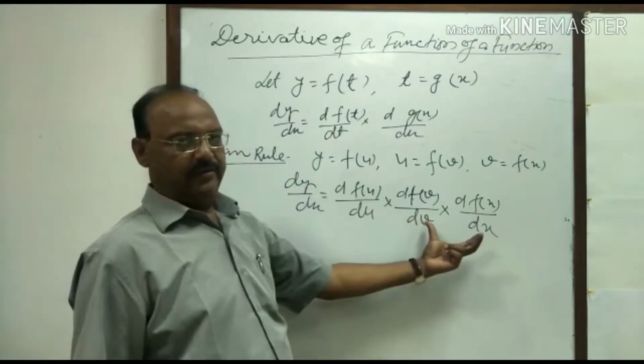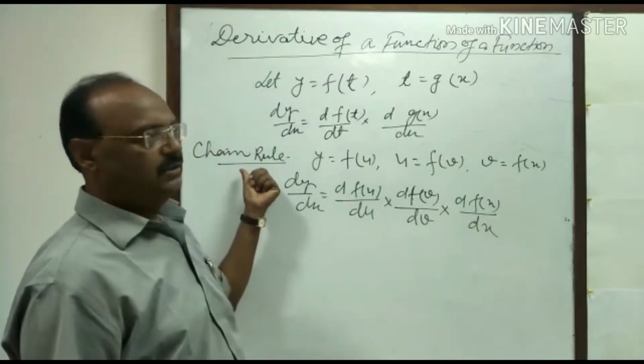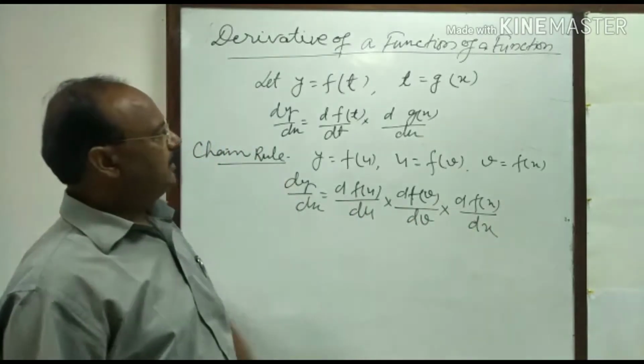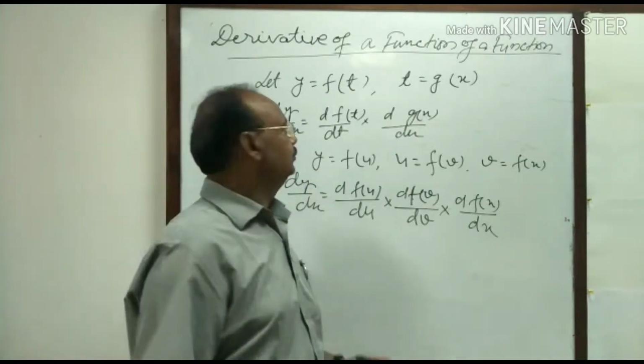This makes a chain of products. That's why this is known as chain rule. So let us make it more clear with the help of some exercises.